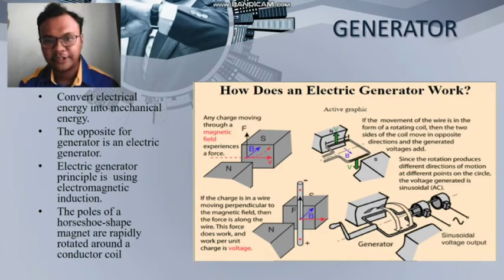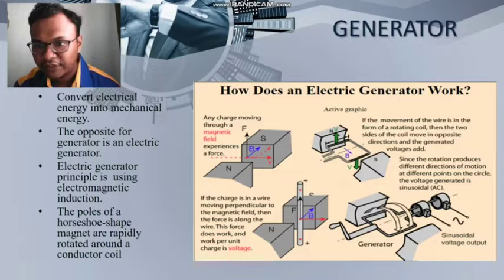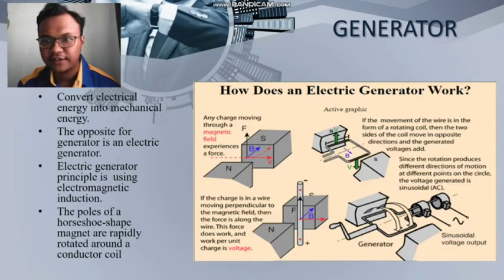So we can see from the figure how an electric generator works. The figure states that if the wires move in the form of a rotating coil, the two sides of the coil move in opposite directions, as the north and south magnets move in opposite directions, and will generate voltage. Since the rotation produces different directions of motion at different points on the circle, the voltage generated is sinusoidal AC.